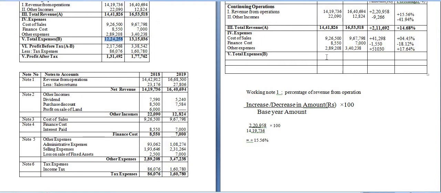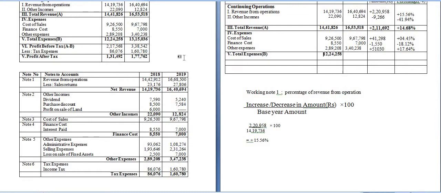How has this come? 9,26,500 plus 8,550 plus 2,89,208. So total is 12,24,258. This is for 2018.